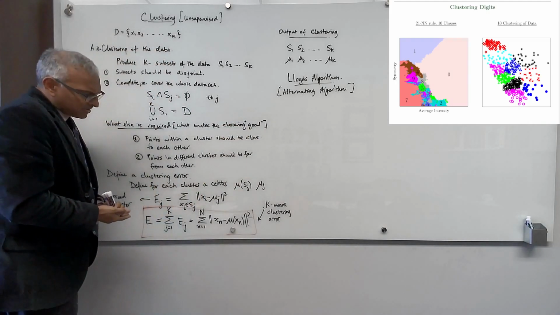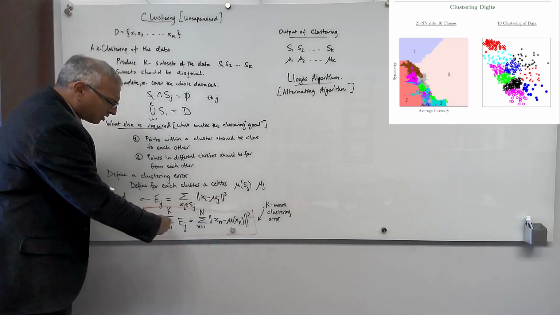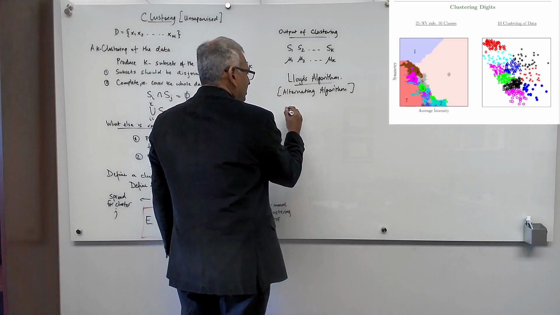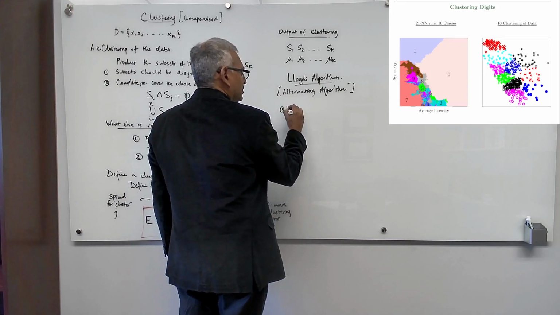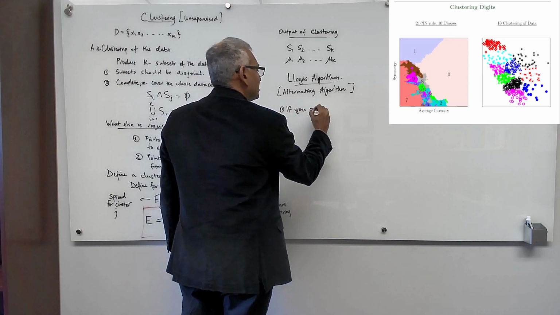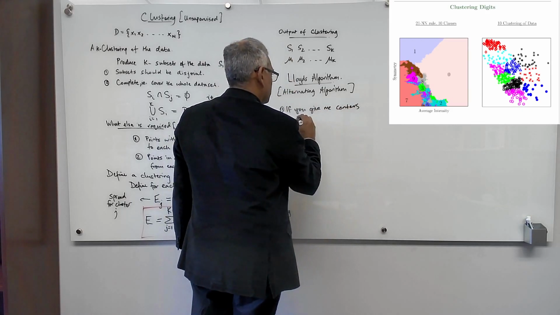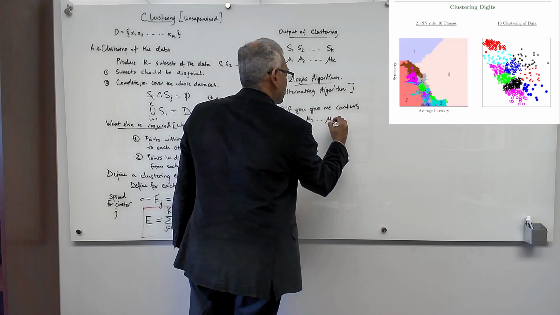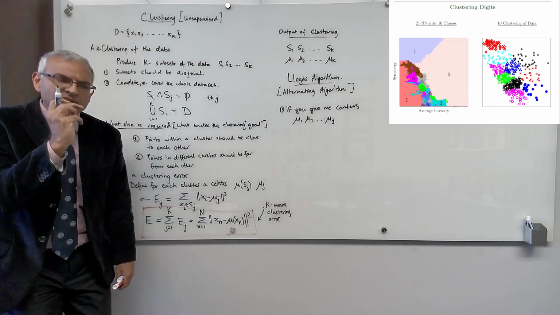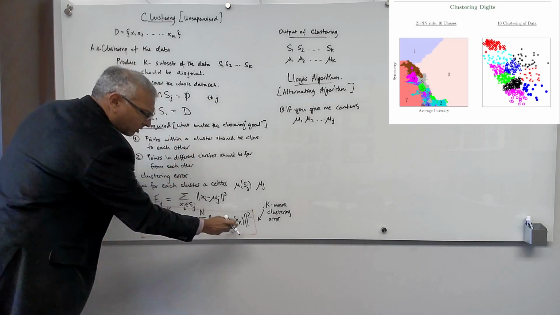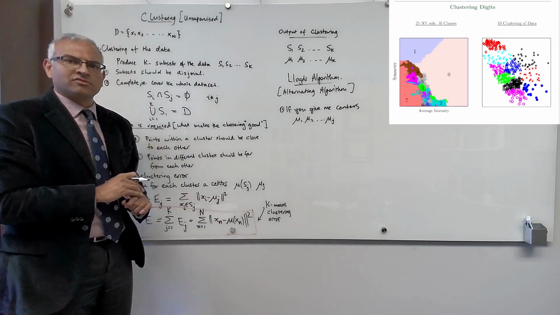We don't know how to solve this problem in general, but if you give me centers, mu1, mu2 up to mu j, then I know how to solve this problem. If you were to tell me the optimal centers, then I know how to solve the problem.